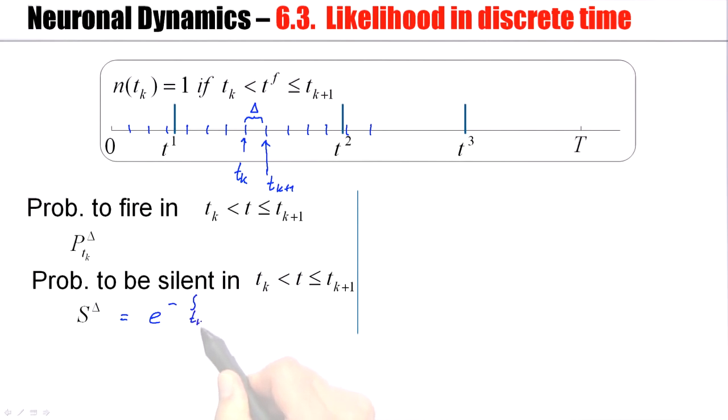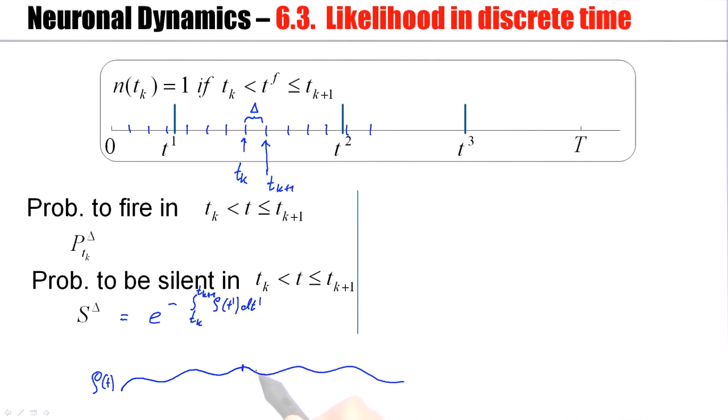I integrate from tk to tk plus 1 rho of t prime dt prime. Now suppose that this is the time dependence of my function rho of t, which I need to evaluate at these different moments in time.